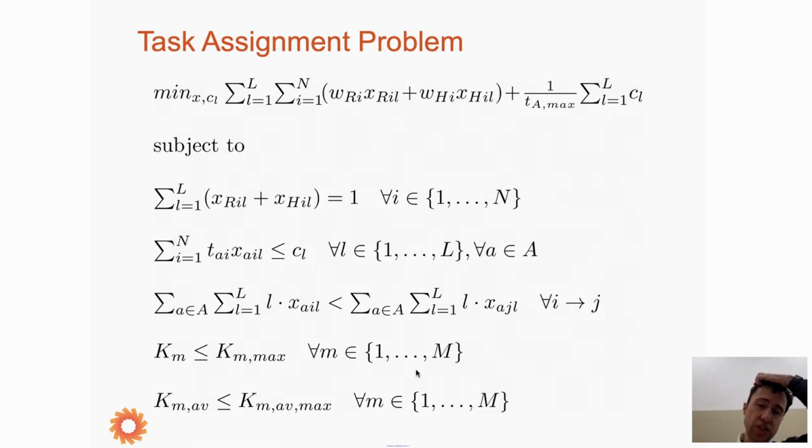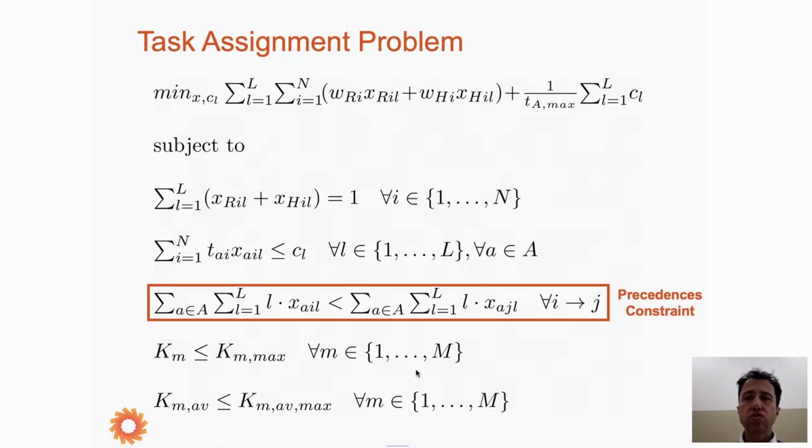So this is just to give you an idea of how we solve the task assignment problem. It looks like a nasty problem. It's of course an optimization problem because we want to optimize. I don't want to go into the math, I just want to show you basically the structure. Basically, we want to ensure precedence constraints are satisfied. So if, for example, I have to place a screw before taking the screwdriver, and not the other way around.